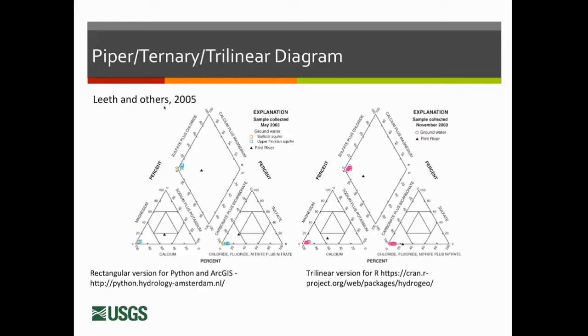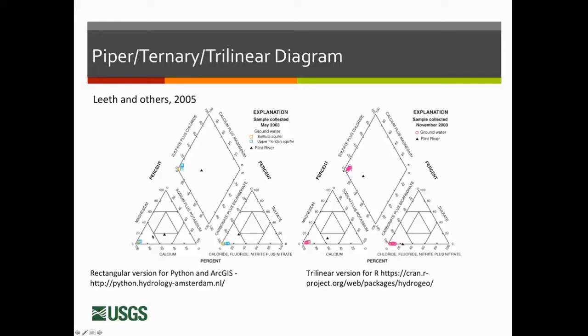The Piper diagram looks at the major ions in your water quality sample and puts magnesium, calcium, and sodium plus potassium in this triangular diagram in the lower left, and then puts carbonate plus bicarbonate, sulfate, and chloride, fluoride, and nitrite plus nitrate in this right triangle.